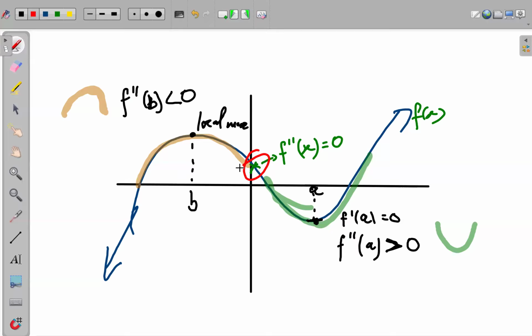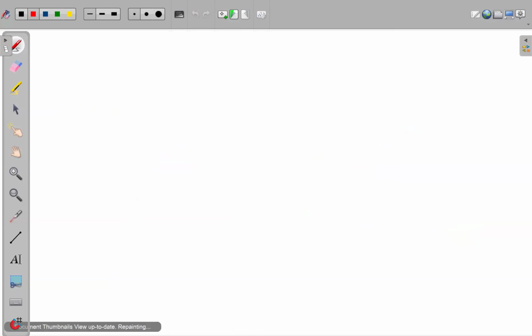All right, what I'm going to do now is, let's do an example where we have to bring all this together. So let's take this given.